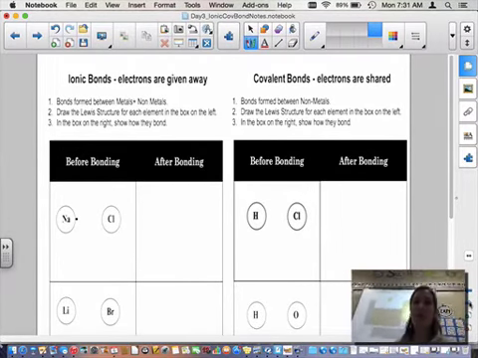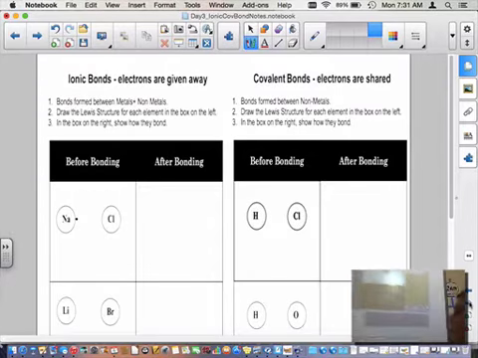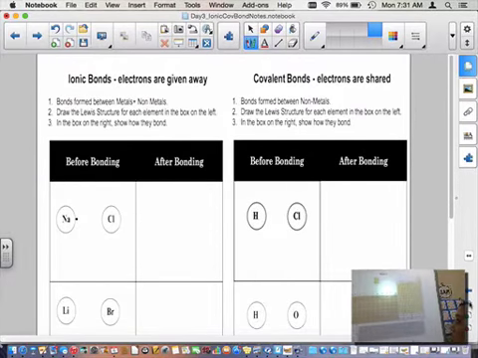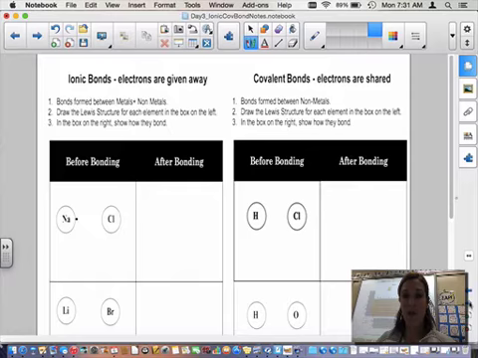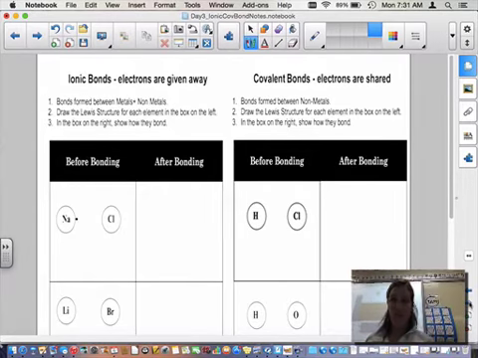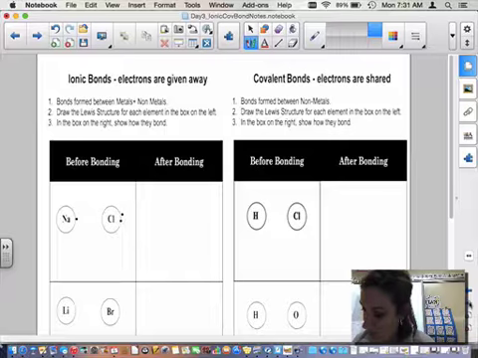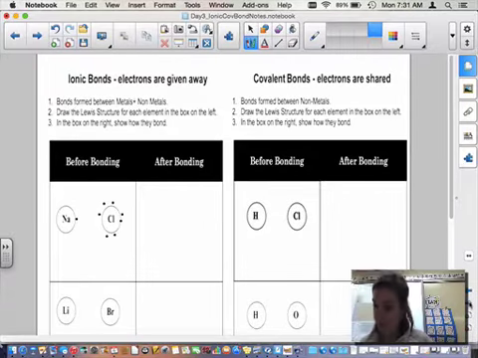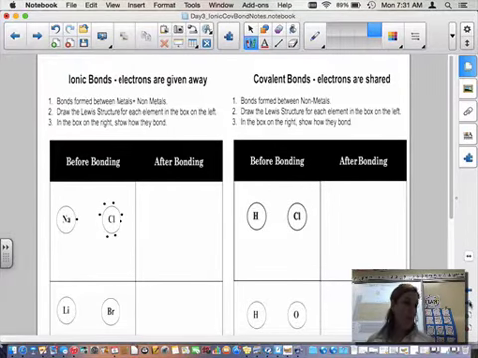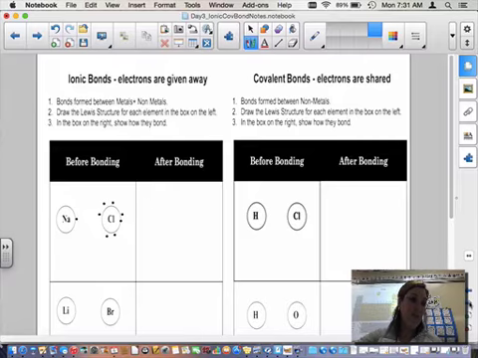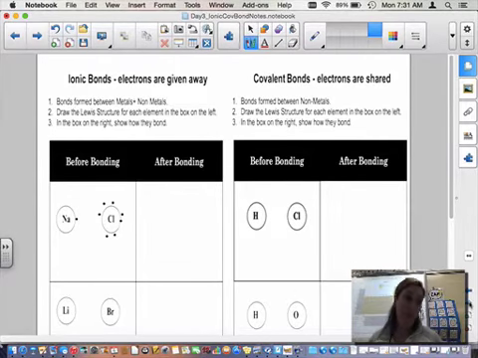Okay, again, let's find chlorine. Chlorine you'll find in group 7A, so chlorine has 7 valence electrons. We're going to put 7 dots for the Lewis structure: 1, 2, 3, 4, 5, 6, 7. Now after the bonding, remember with ionic bonds, they're going to transfer their electrons.